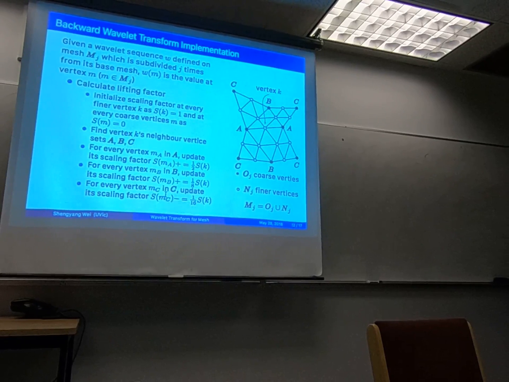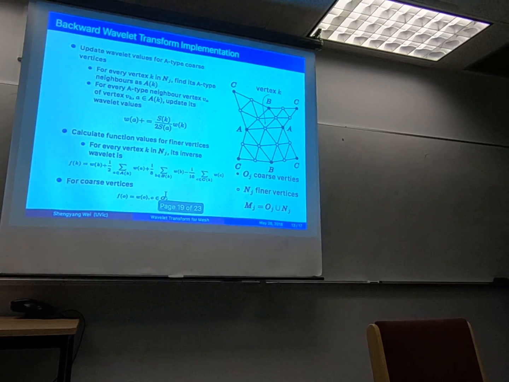For the backward Wavelet transform, the first thing is to calculate the lifting factor. But before we calculate the inverse Wavelet transform, we have to update the Wavelet values at A-type coarse vertices. So first we do the updating, update the Wavelet values, and then for every finer vertex, the sign changes.